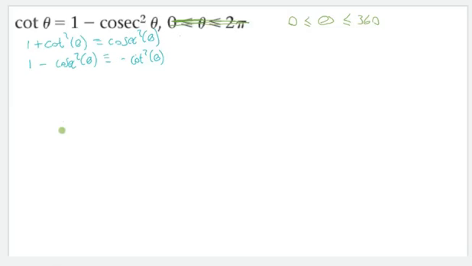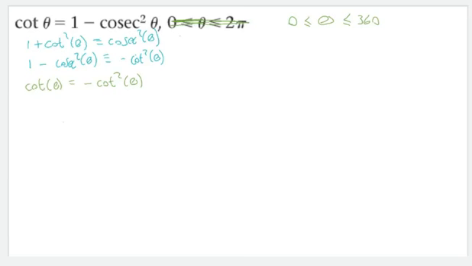All good? So therefore, we get cot theta is equal to minus cot squared theta. So I'd always recommend writing out the original identity and then working from there, because otherwise it is so easy to make little errors. But it's fine. I'll let you both carry on.